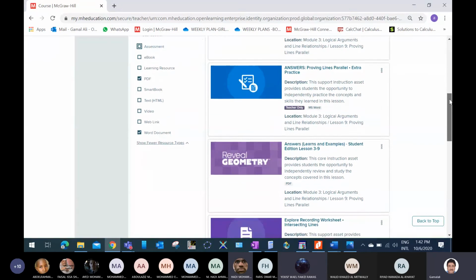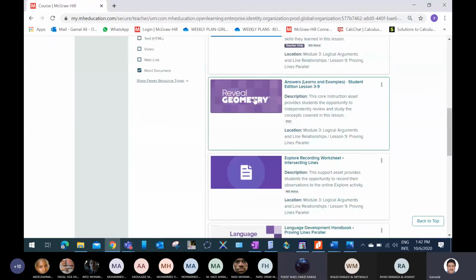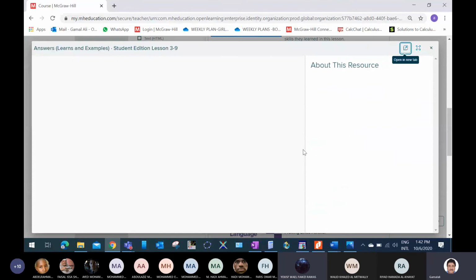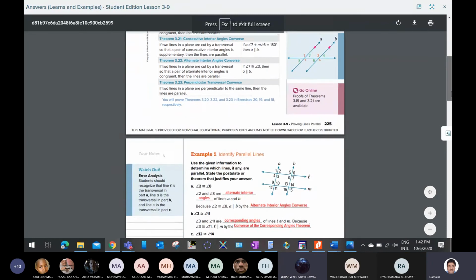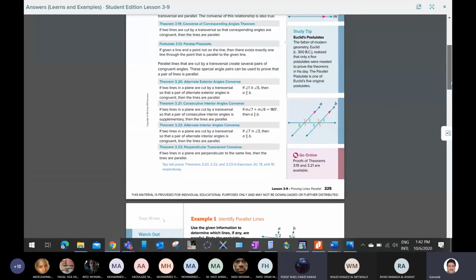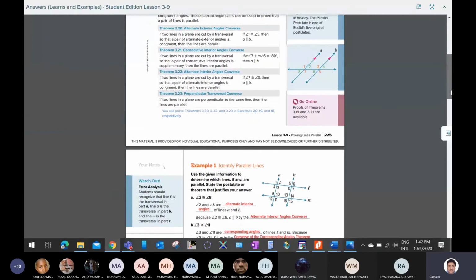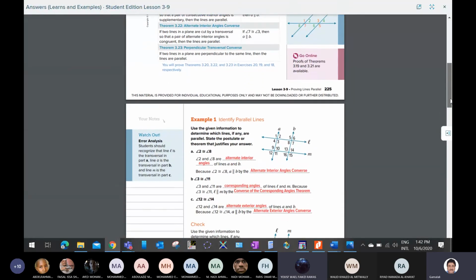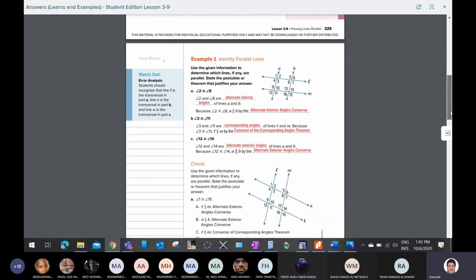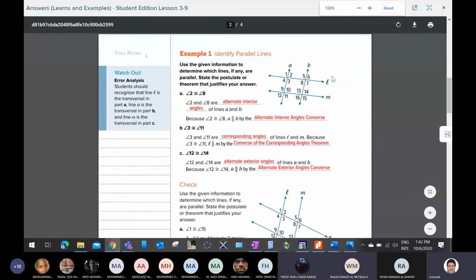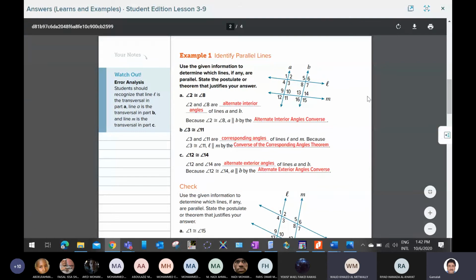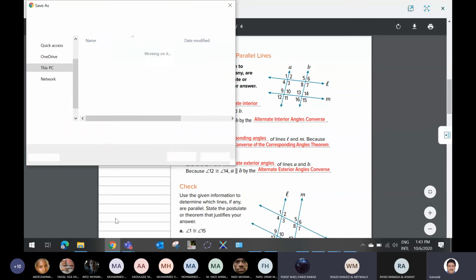I'll give you the number of the page now. Is this page 225 or 226? 226. Yes.